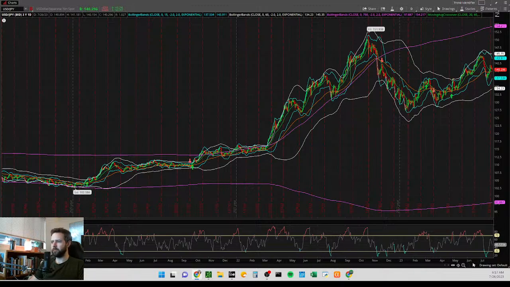Cool, I'm up a little bit on my euro dollar long. Now I'm going to get long dollar yen. Surprisingly, this takes a lot of margin. All right, I just bought a little bit of dollar yen.